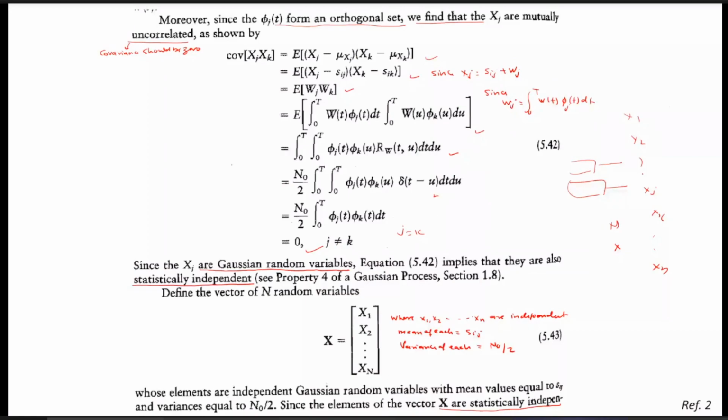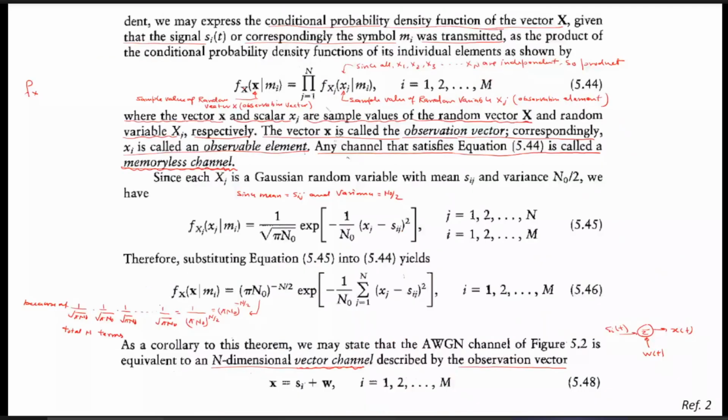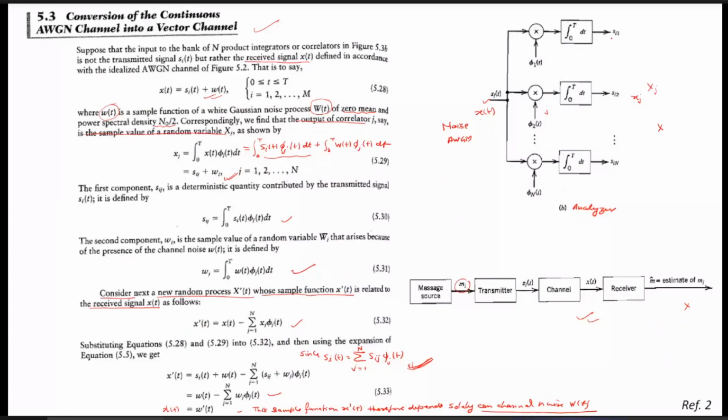So here, if you want to write the conditional density function of the vector X, given that the symbol mi has been transmitted, as in this block diagram, then from the n correlators we have n Gaussian distributed random variables, and correspondingly we can define a random vector X consisting of these n random variables.